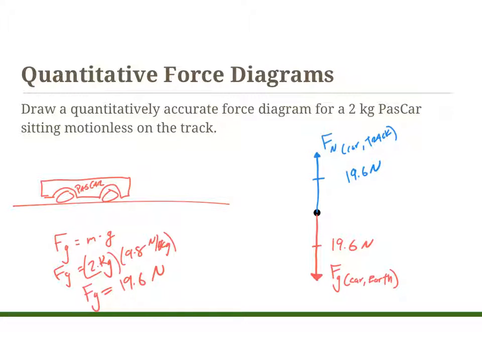And note the same number of congruency marks, so that we can show that the force of gravity and the normal force are the same. So far, so good with that? May I move on? We still drawing?